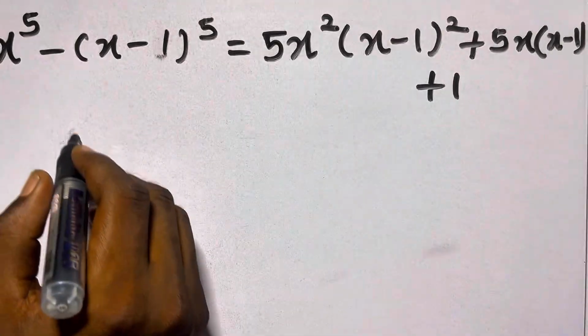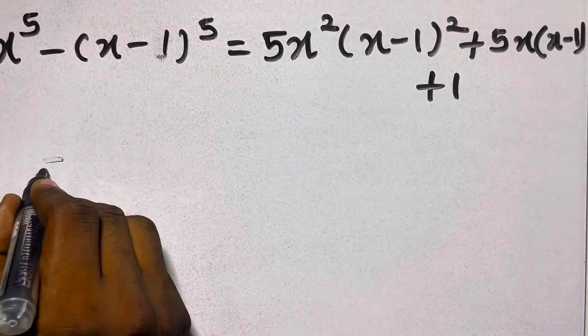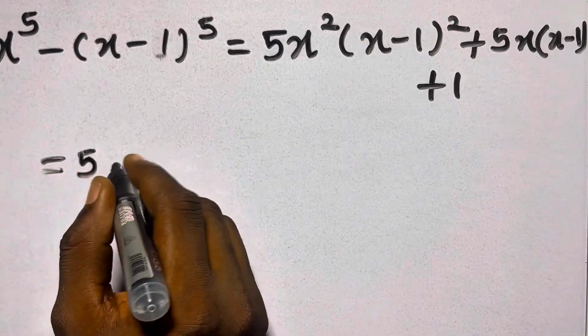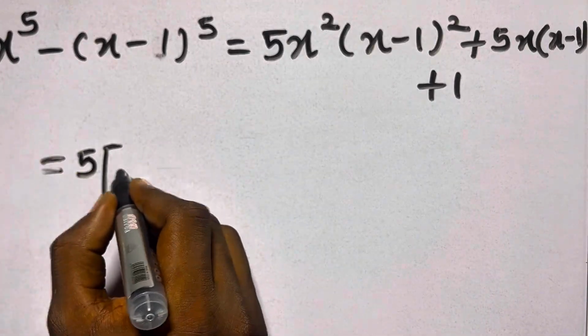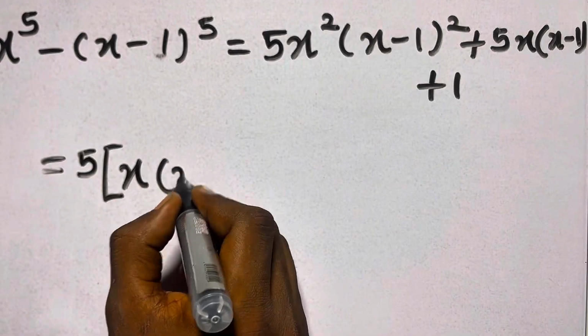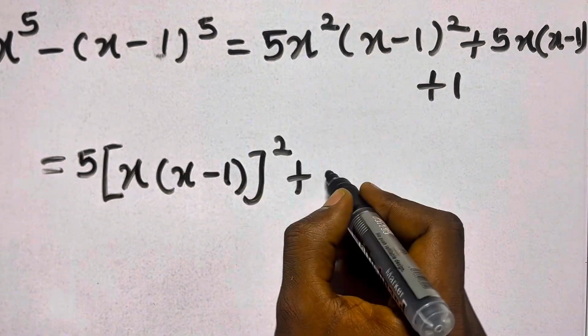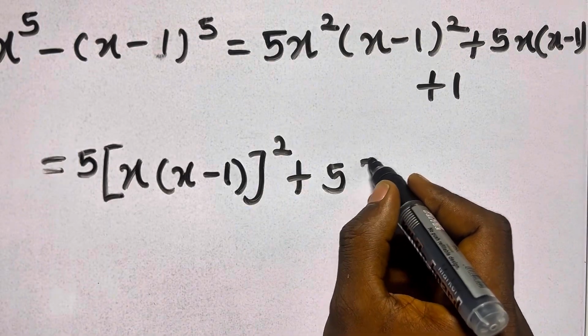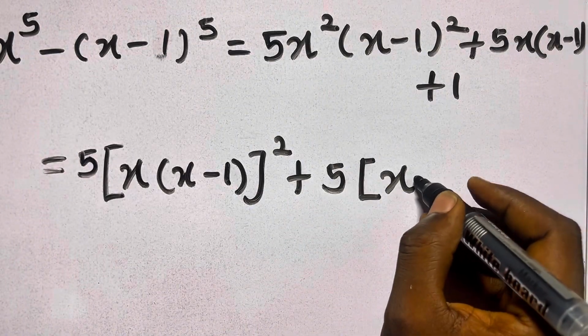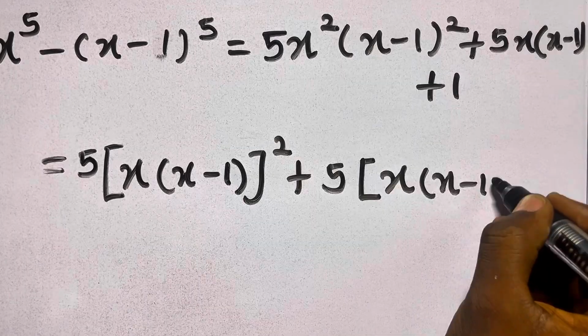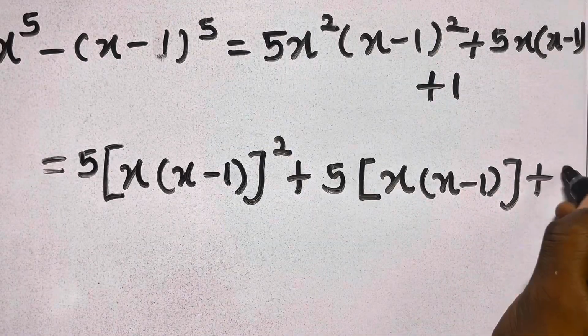So we're going to factorize something here, so that we have 5 times (x minus 1) squared plus 5 multiplied by x multiplied by (x minus 1 plus 1).